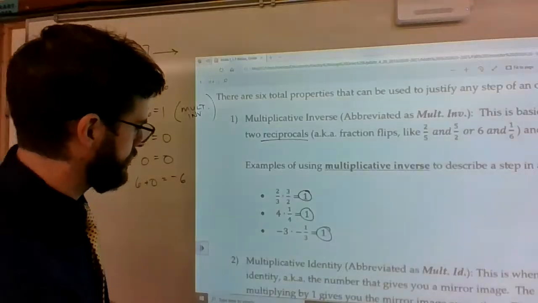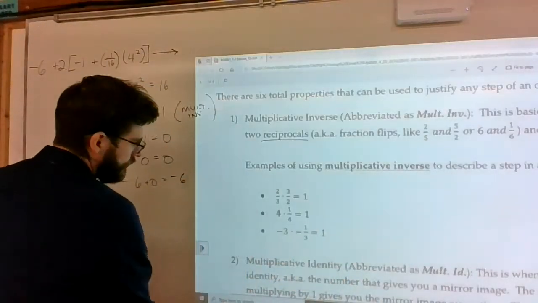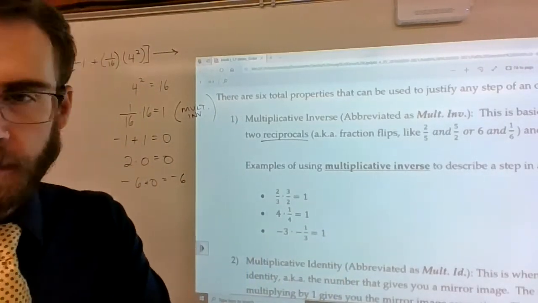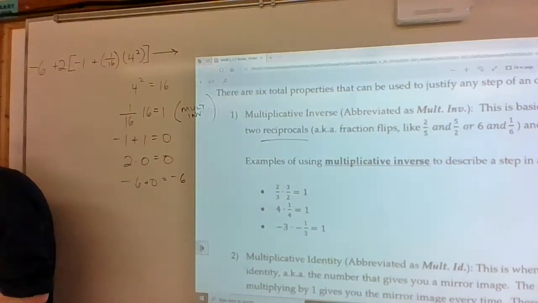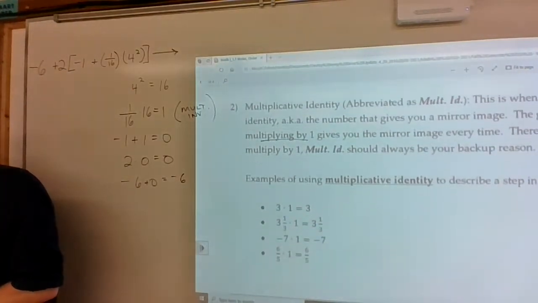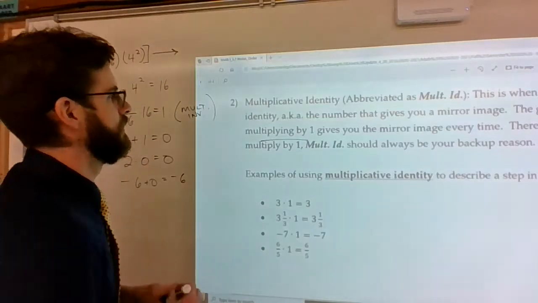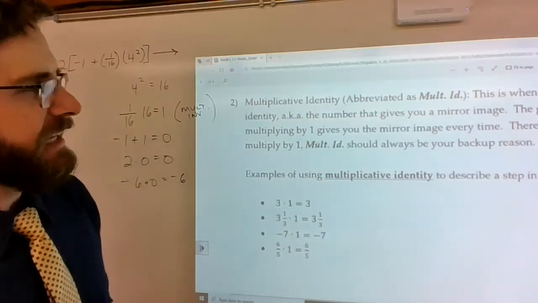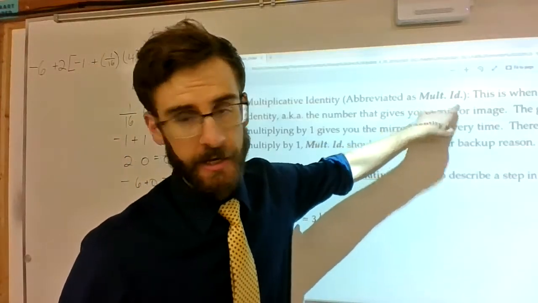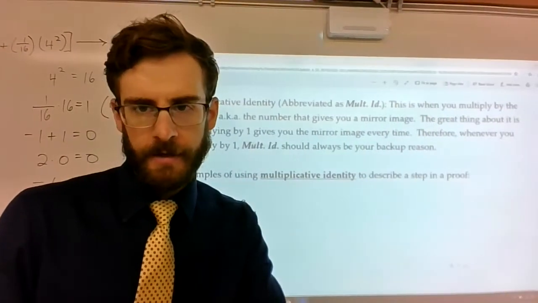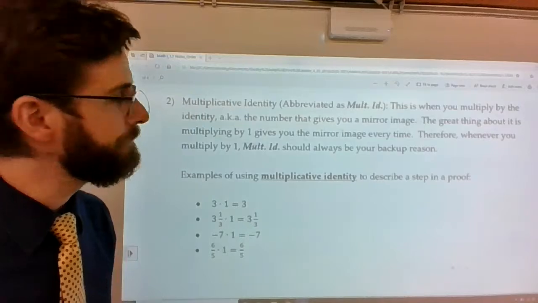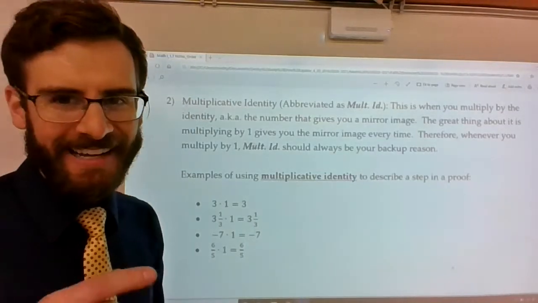Let's check out the next one. The multiplicative identity. So the multiplicative identity, and here's how I abbreviate it, is when you multiply by the identity.